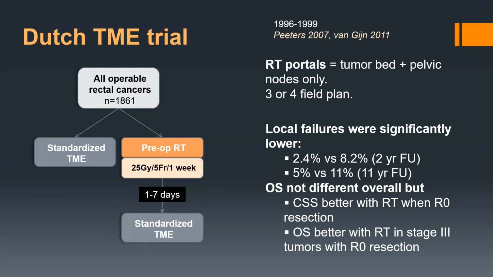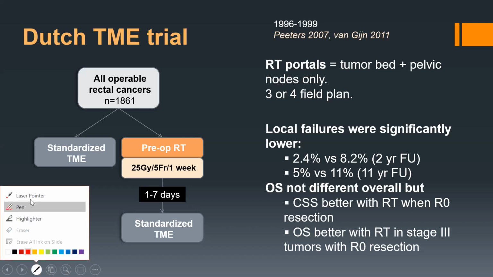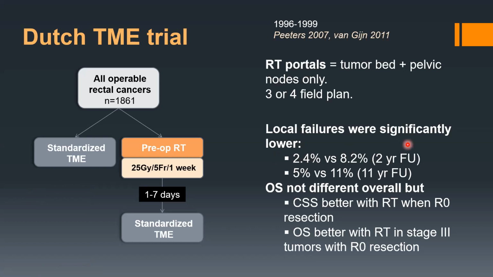Amazingly, it was seen that despite the low incidence of local failure with standardized TME, radiotherapy could further reduce local failures. So from 8.2% with surgery alone, it became 2.4% with a 2-year follow-up, and at the 11-year follow-up, it was 11% versus 5%.